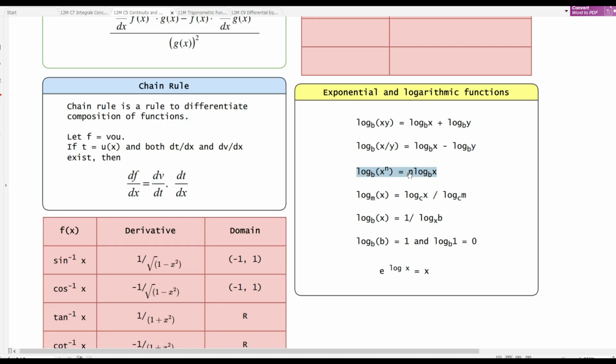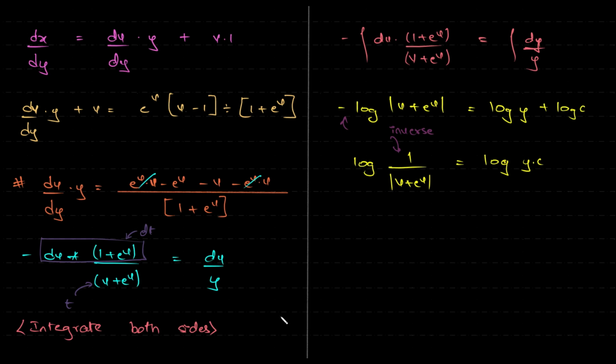Okay, so here n is minus 1, so x to the power of minus 1 is 1 by x, and so we have this particular expression. So if I take the, how do I put it across? Taking exponents, and we have 1 by v plus e to the power of v is equal to y into c.